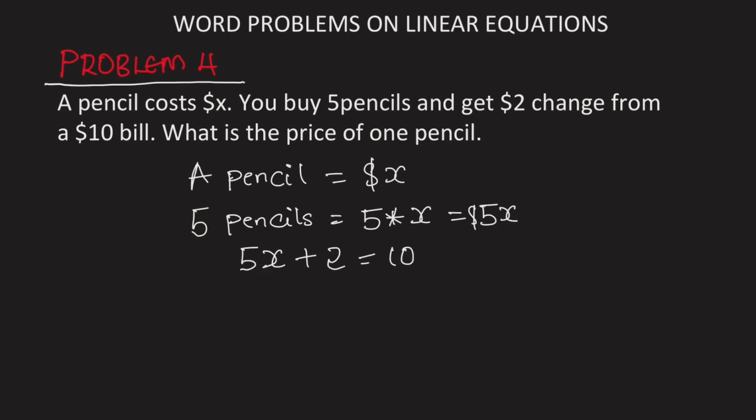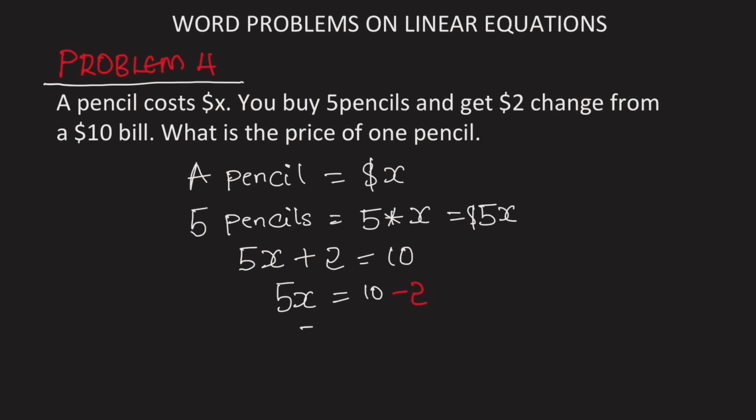So now we've gotten our linear equation, 5x plus 2 equals 10. We could solve by subtracting 2 from both sides. That's going to leave us with 5x equals 10 minus 2, which would give 5x equals 8.